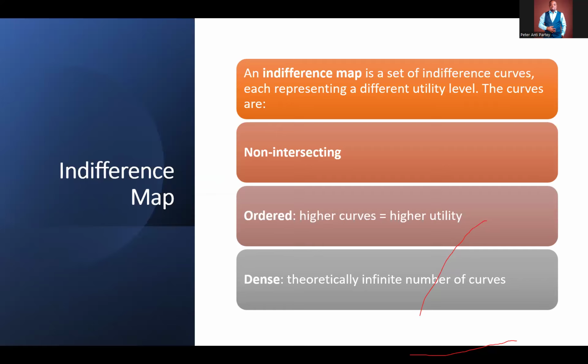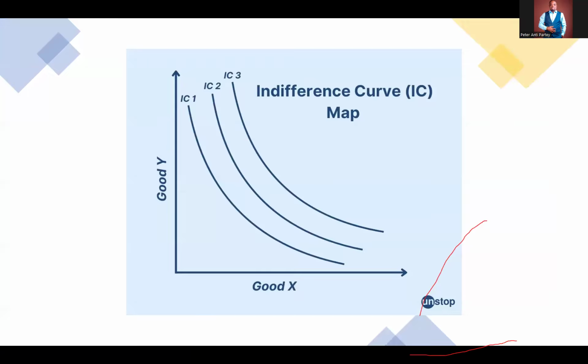Now, you would note that I've been talking about curves. When you have two or more indifference curves, it becomes what we call an indifference map. So we said that an indifference map is a set of indifference curves, each representing a different utility level. The indifference curves do not intersect, they are ordered and they are dense. And this is a typical example of an indifference map.